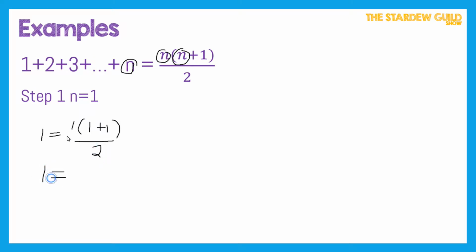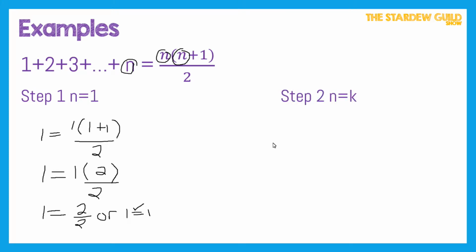Then simplify the other side here, 1 multiplied by 2 over 2. 1 is equal to 1 multiplied by 2, which is 2 over 2, or 1 is equal to 1. So we can say that the equation is equal. After proving that it's equal, let us proceed to step number 2.